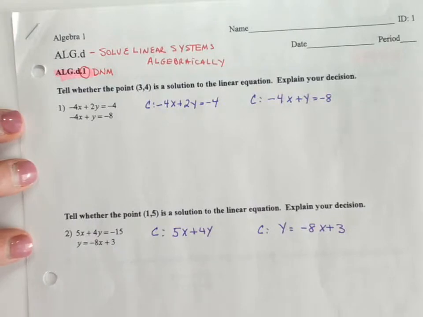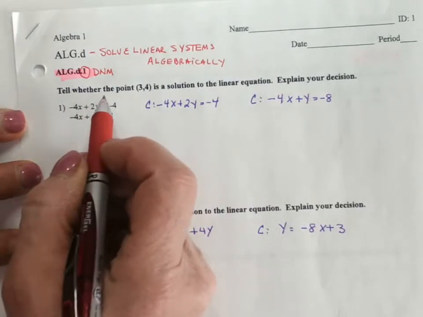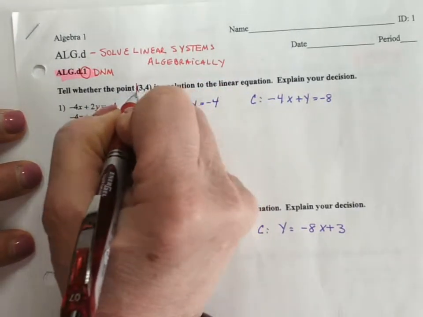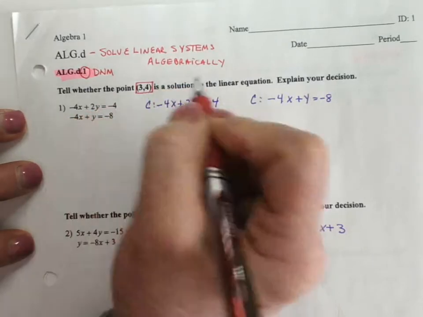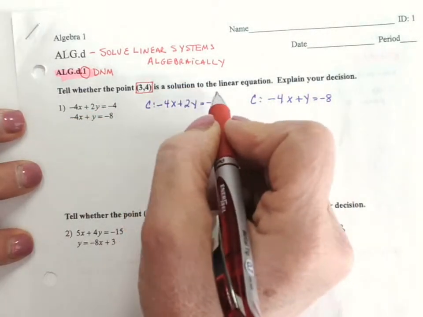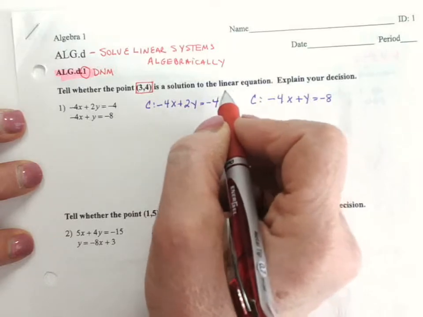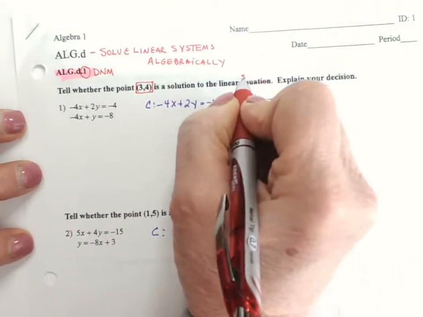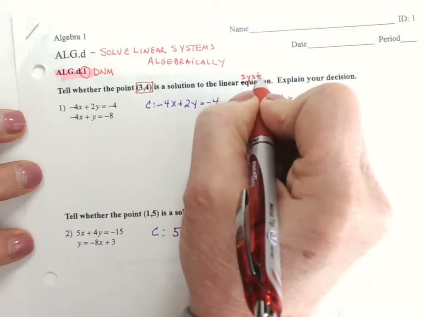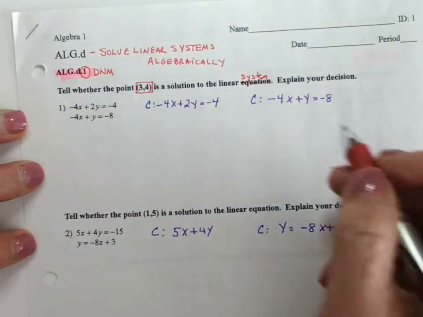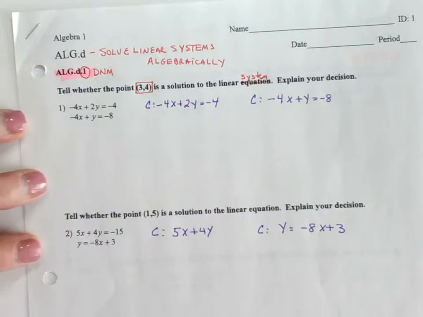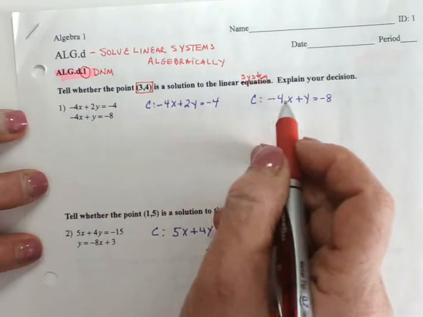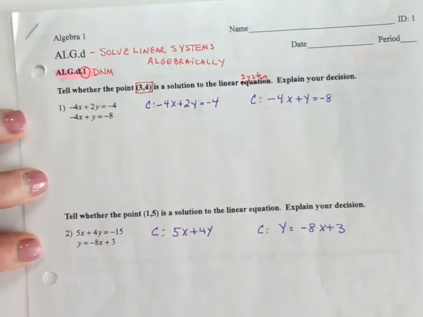What you want to do is tell whether the point (3, 4) is a solution to the linear system, and explain your decision. So I've written both of the problems out right here.